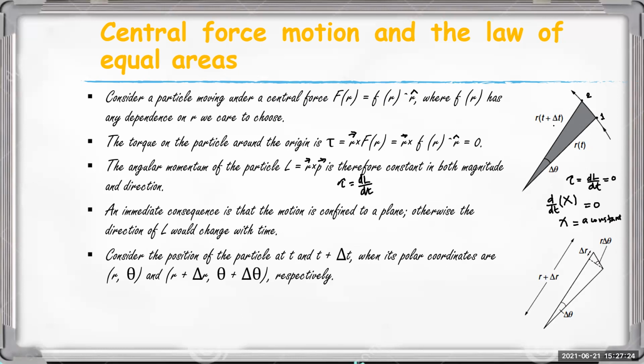At position 1, its polar coordinates are r, theta, and at point 2, its polar coordinates are r plus delta r, theta plus delta theta respectively.